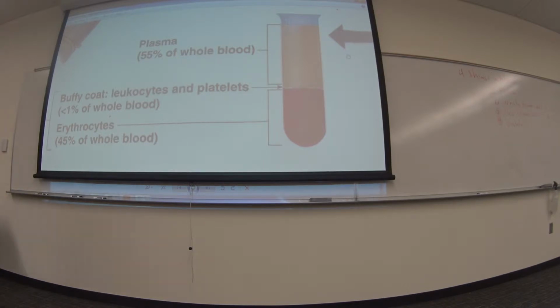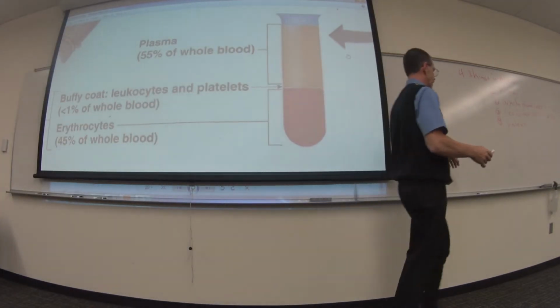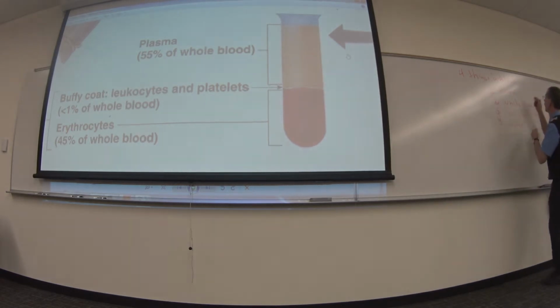Let's do each one. What's plasma made out of? What is it? Liquid. So you have the liquid part of your blood, then you have the cell part of your blood. All right? Now we're going to figure out what these do. So looking at those 4 things, which one of those does the oxygen gas thing? Red blood cells.